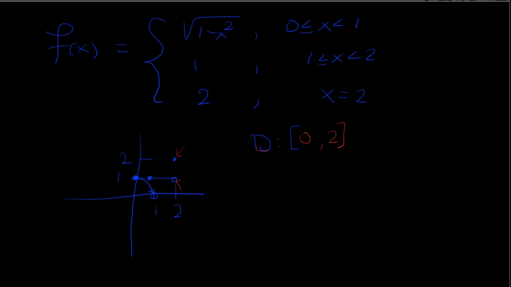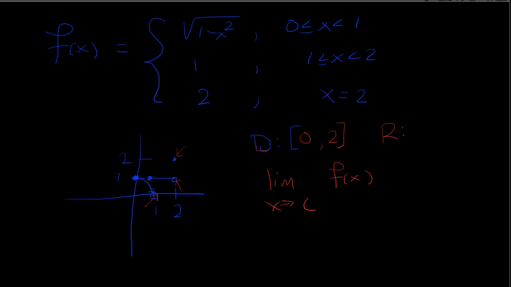Okay, the next question is, at what point c, if any, does a limit as x approaches c of f of x exist? Okay. This one's a little tricky. And by the way, before we do that, we want to also find the range. Forgot to do that. So the smallest value is 0.